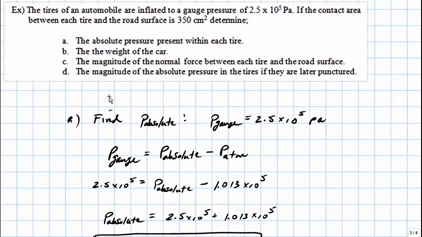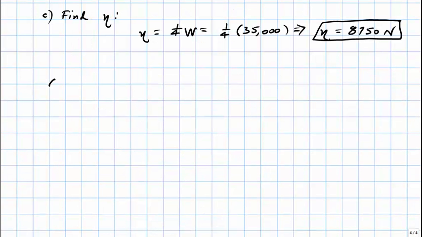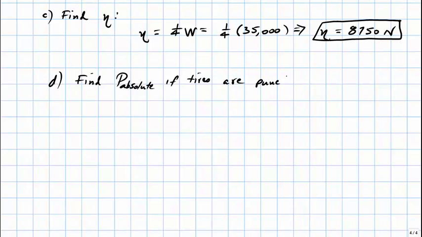In part D of the problem, we would like to determine the magnitude of the absolute pressure in the tires if they are later punctured. In order to determine the absolute pressure, let's consider our tire diagram one more time.